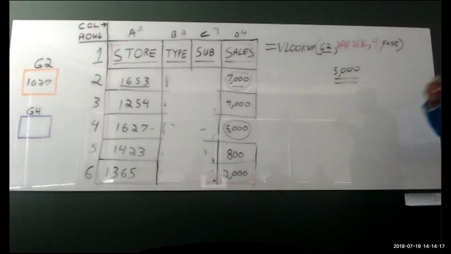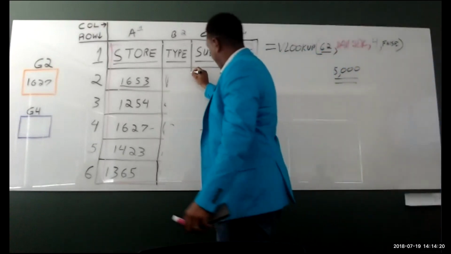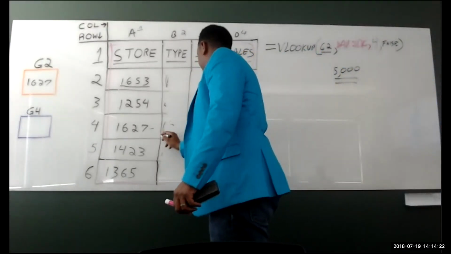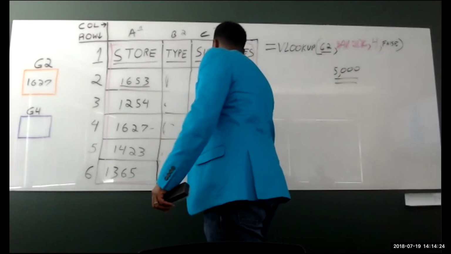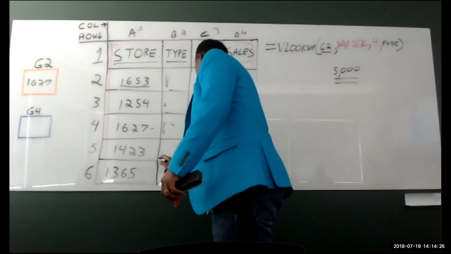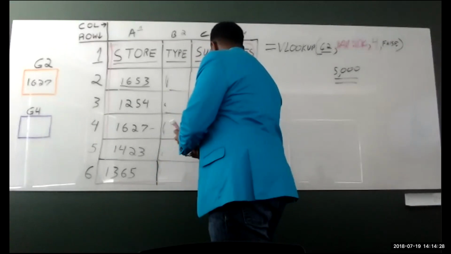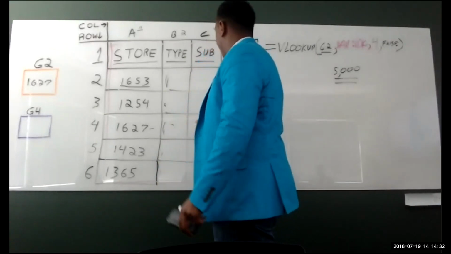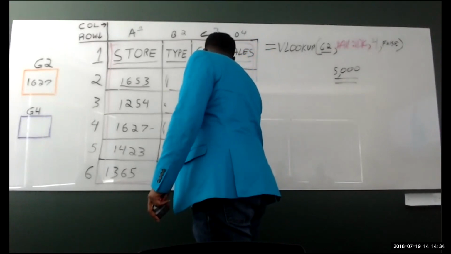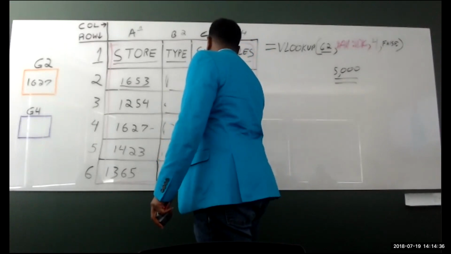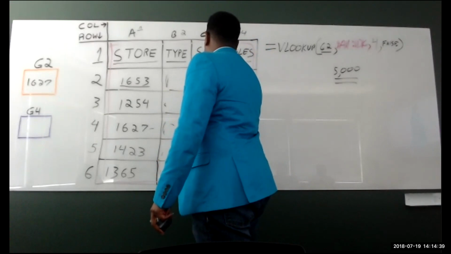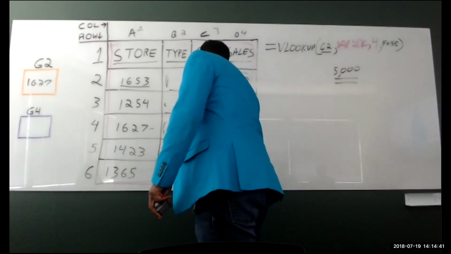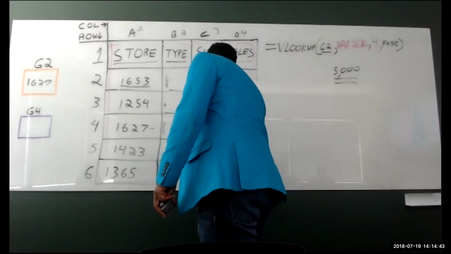That's what a VLOOKUP does. Now, I erased the words in here, but if I had the same thing, and you bear with me, I know this is not a real thing, say that 1627 only sold dog food. This one sold cat food. And this sold dog food. This one sold burger food, or whatever it is.